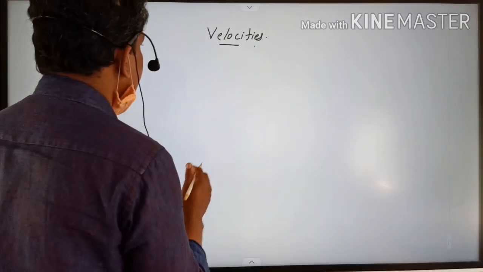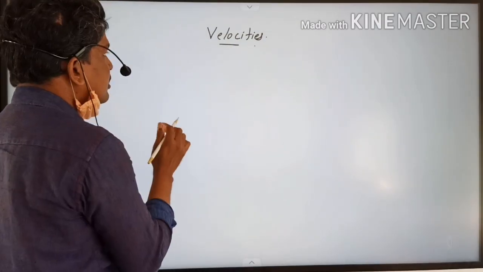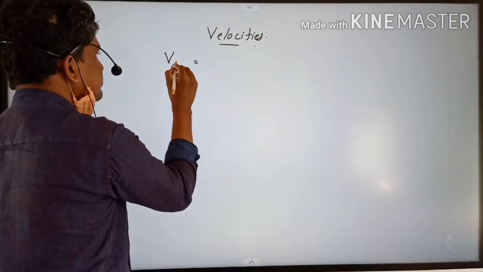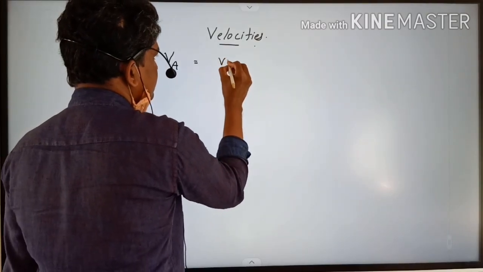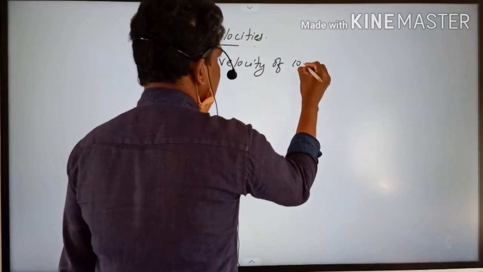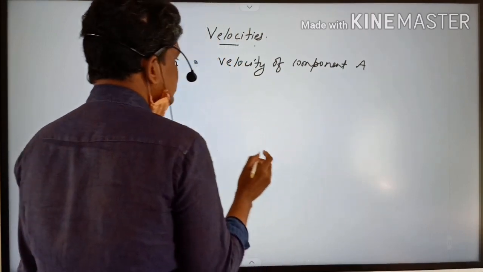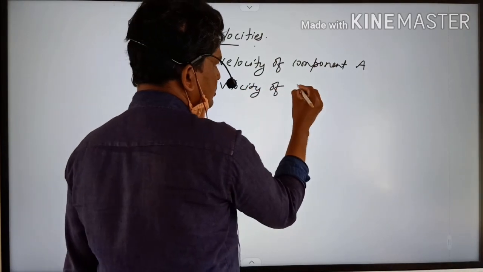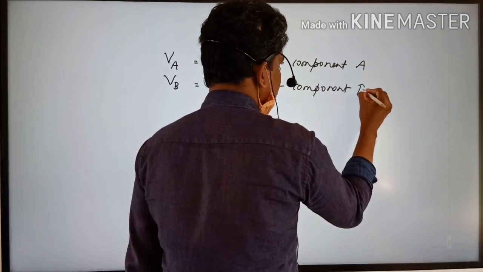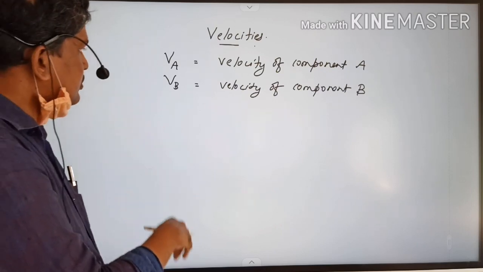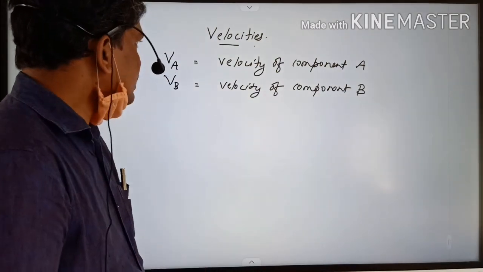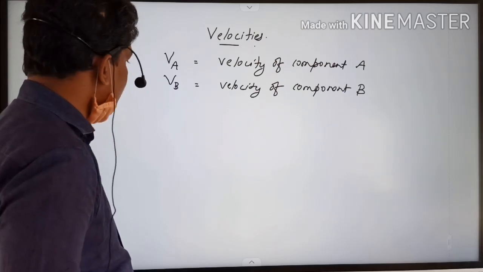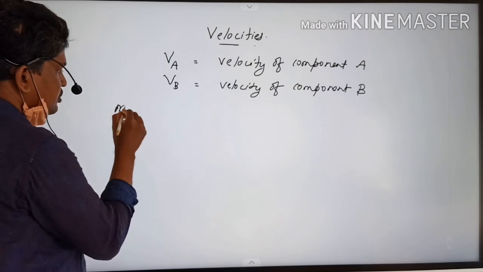So for the averaging of velocity, suppose I consider a binary mixture, and VA is the velocity of A. Similarly, VB is the velocity of component B. Similarly, VC if there is another component C. Then the average velocity of the mixture can be expressed in two ways, one based on the mass and the second based on the mole.